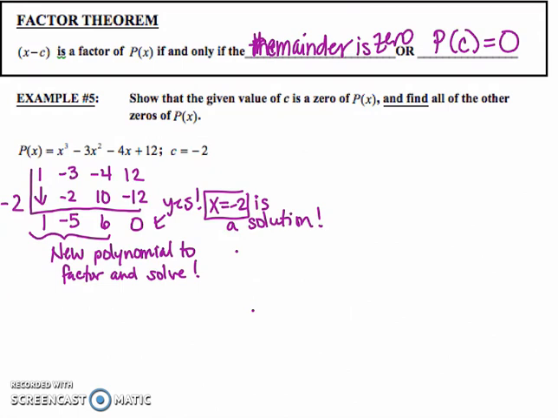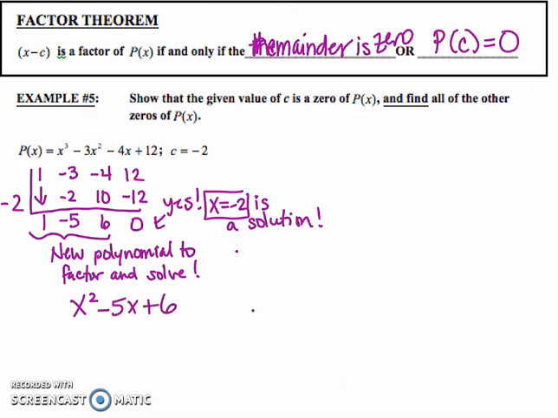Essentially, we've divided out that factor of x plus 2, and what we have left is the polynomial that's remaining, where 0 is the remainder, 6 is the constant, -5 is the x term, and 1 is the x squared. So this polynomial is x squared minus 5x plus 6.